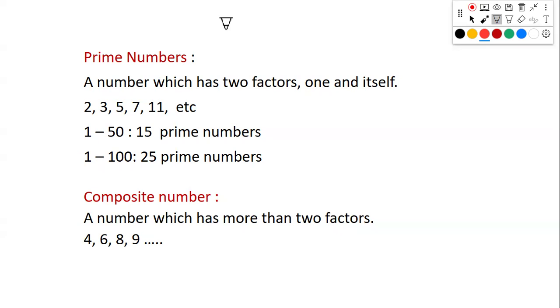Now tell me, what about the number 1? Is it a prime number or a composite number? Some say prime, some say composite. These are interview questions, so whenever I ask you something, please give it some importance.